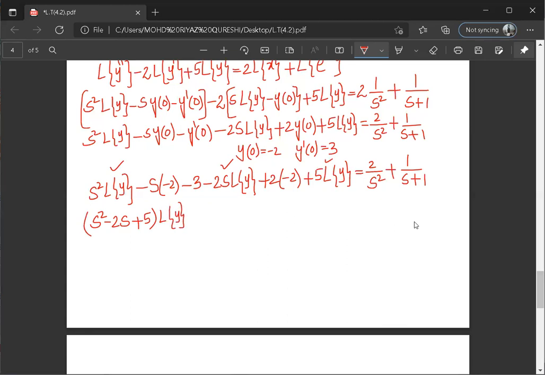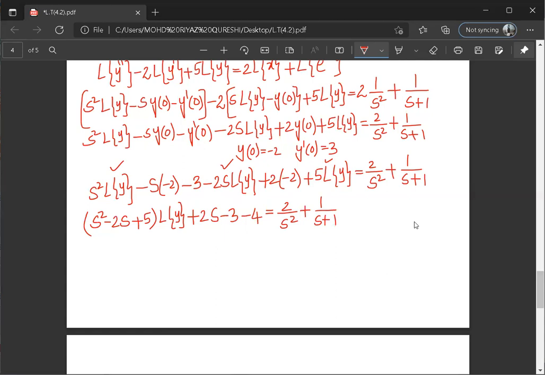Then minus into minus plus 2s, it is minus 3, and minus 2 2s are 4. It is equals to 2 over s square plus 1 over s plus 1. Minus 3 minus 4 will become minus 7.